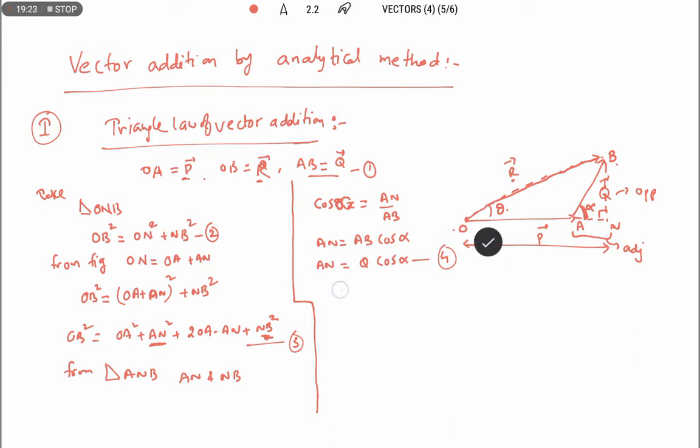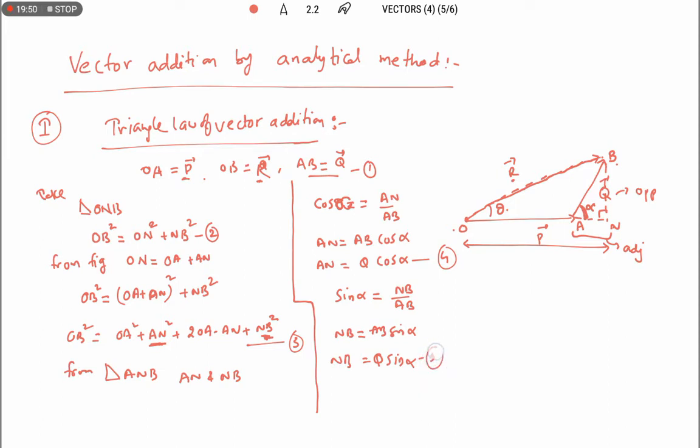Next, in the same way, sin alpha. What is sin alpha? NB by AB. Therefore NB is equal to AB sin alpha. So AB is again Q, so Q sin alpha. This is number 5.